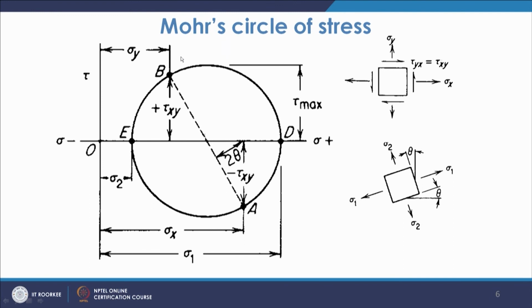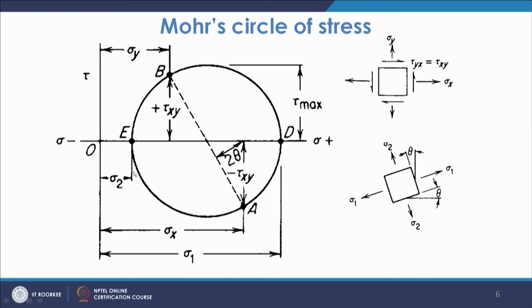So this way you get the expressions for sigma 1 and sigma 2. This side is sigma 1 and this is sigma 2, and a point on the periphery gives the shear stress. As you see, the maximum shear stress is the radius of this Mohr circle.